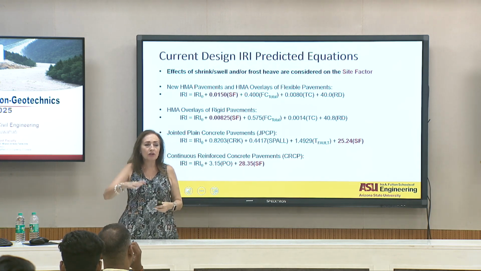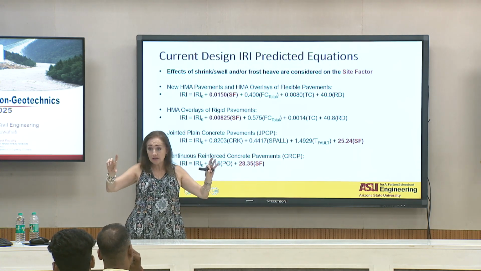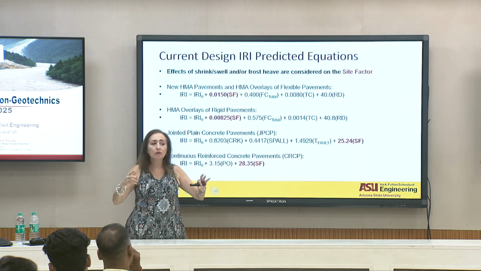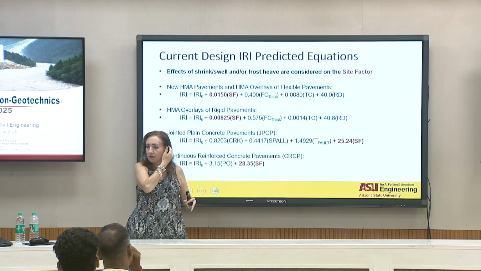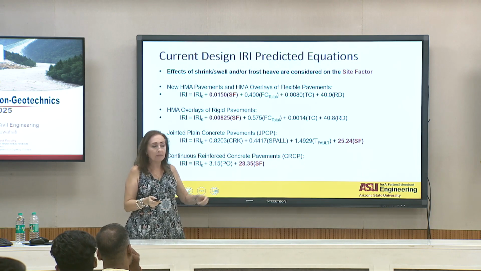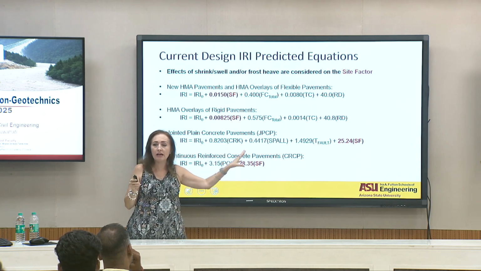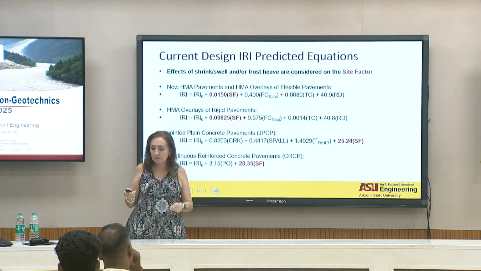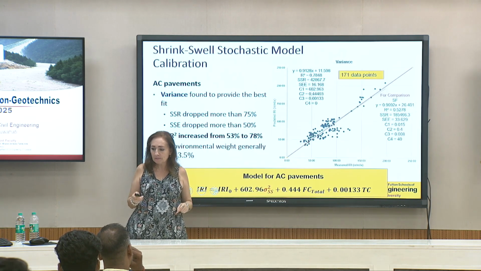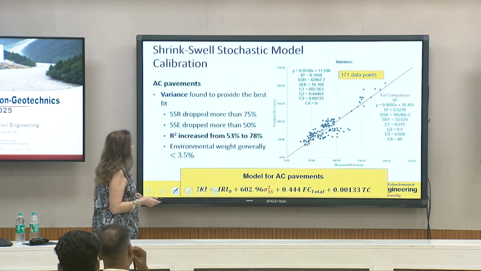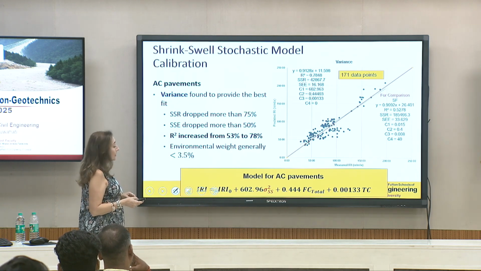Even though we don't include a slab theory for rigid pavements in there, we were able to empirically incorporate the rigidity of the pavement by working with the right equation that they have for pavement analysis. The variance was found to provide the best fit.